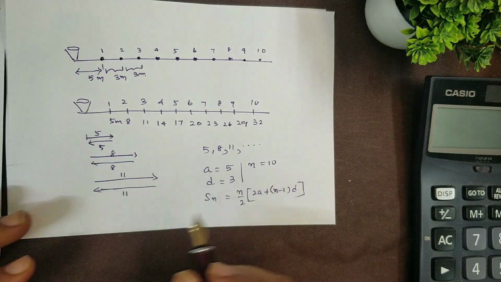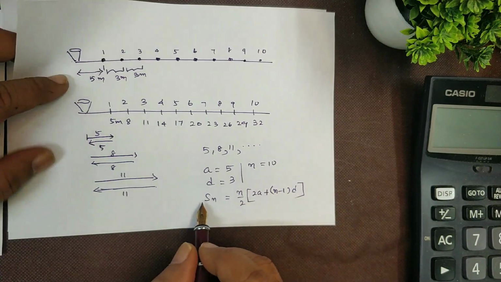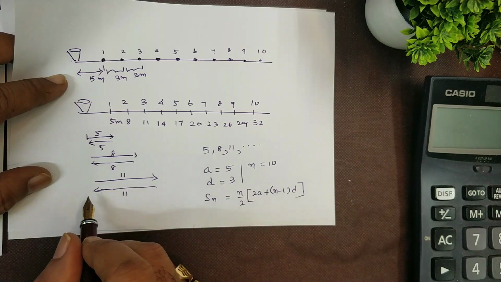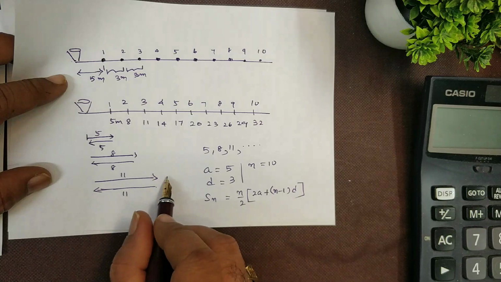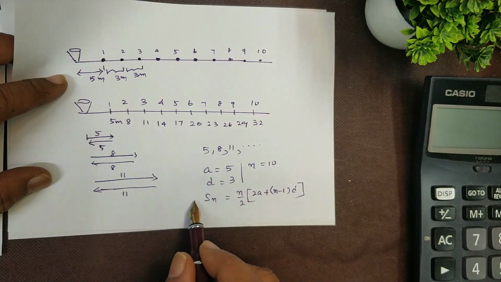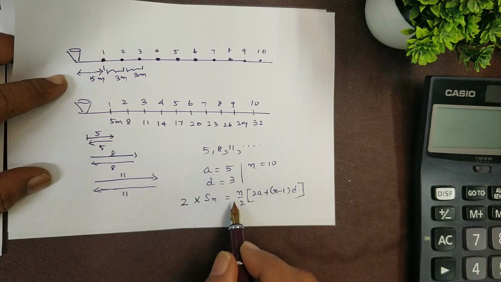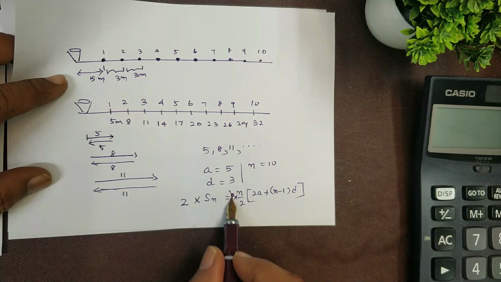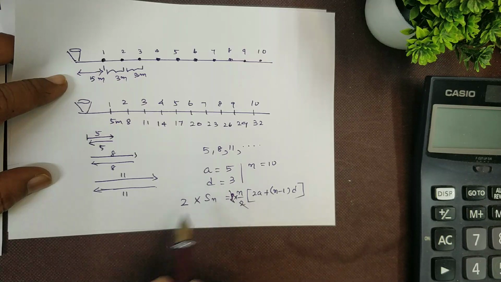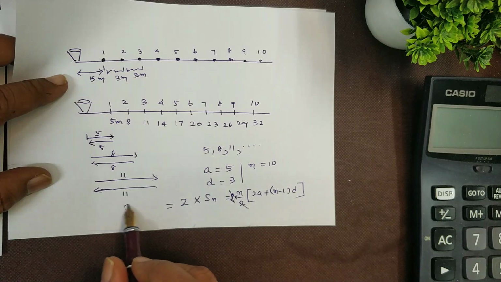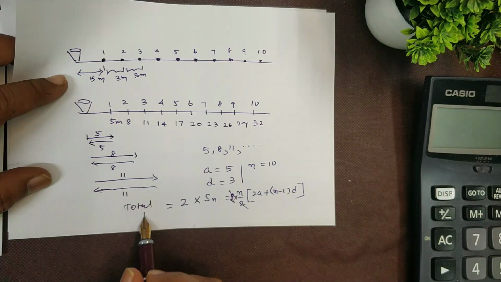Ultimately we have to multiply by 2, because she has to run forward and backward. So let us multiply by 2. Got this point? So these 2 can be cancelled. Now 2Sn is the value, and that is the total distance traveled.